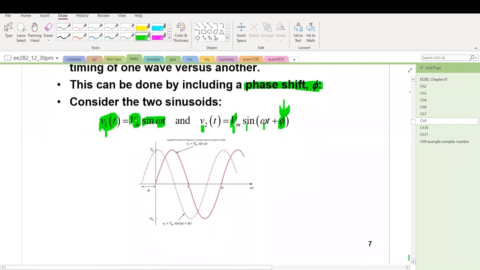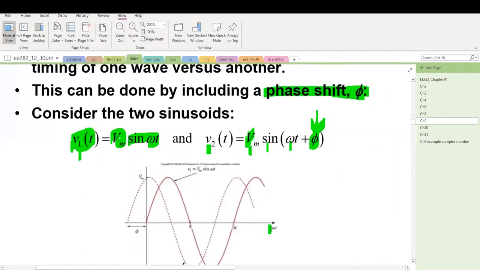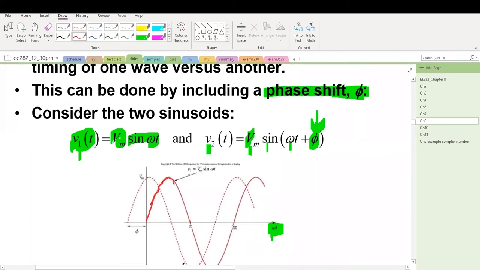Now let's look at the waveform. If I plot ωt on the x axis, this curve is v1(t). It starts at 0, because when t equals 0, sin 0 is 0. When ωt equals π, that's 0. When ωt equals 2π, that's 0.